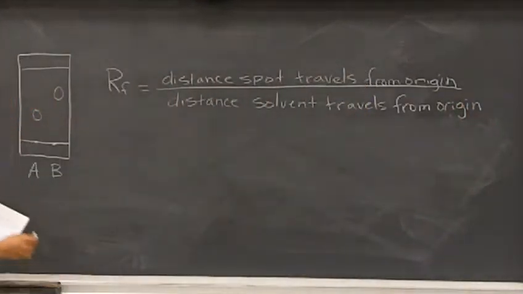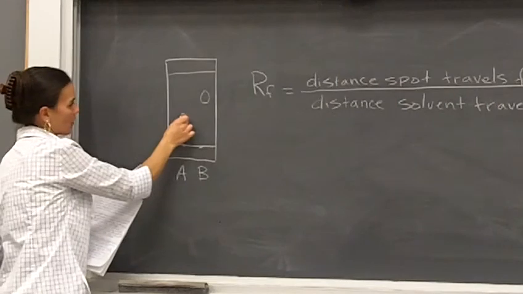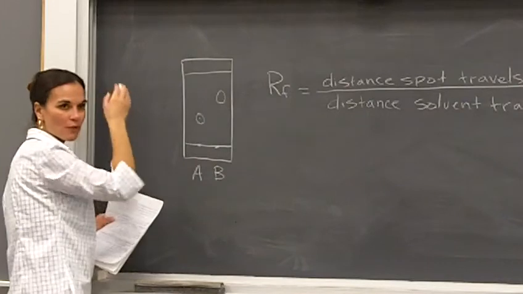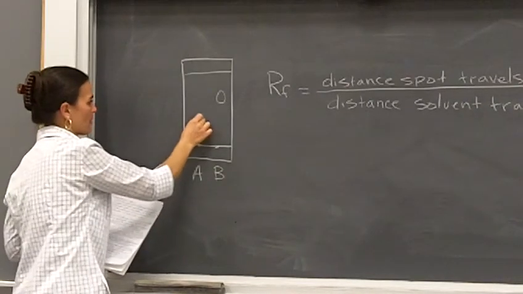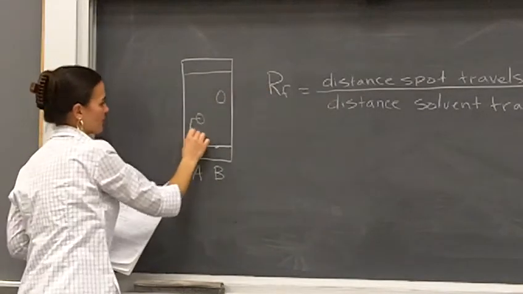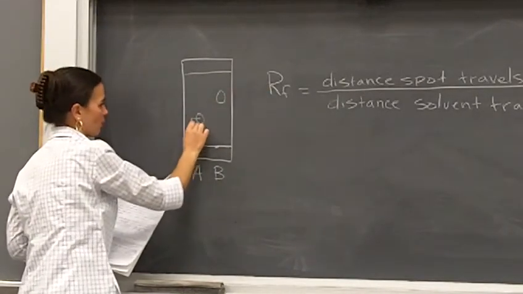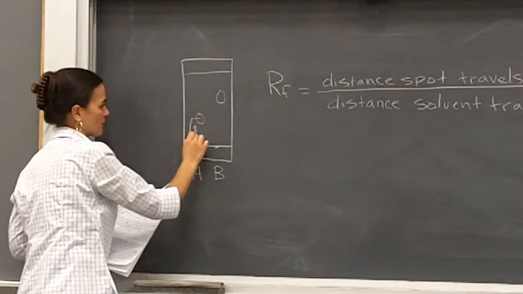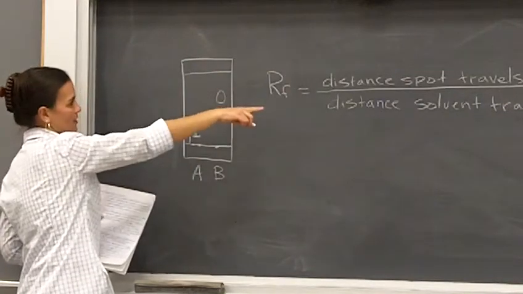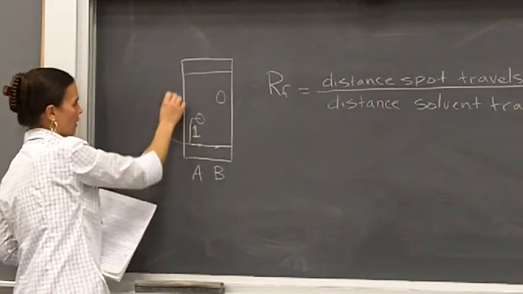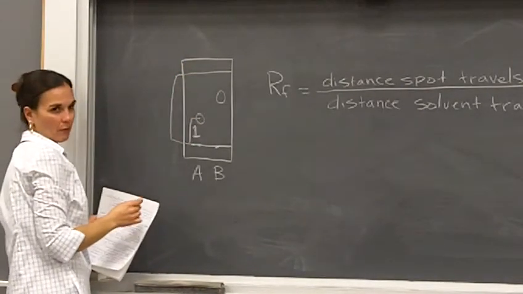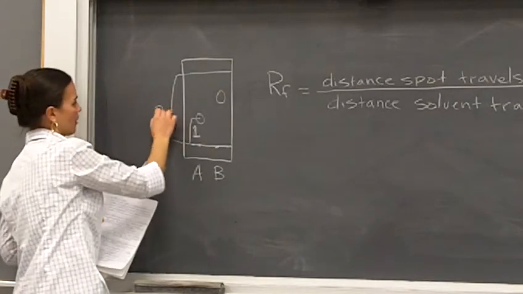Usually with a spot you want to take the middle, as best you can, of the measurement of how far it traveled. So from the middle of that spot down to the origin line, that would be that top distance. I'm going to label this number 1. I've already used letters here. And our distance the solvent travels is from the origin up to that line that we drew when we pulled it out of the developing chamber. So that would be 2.